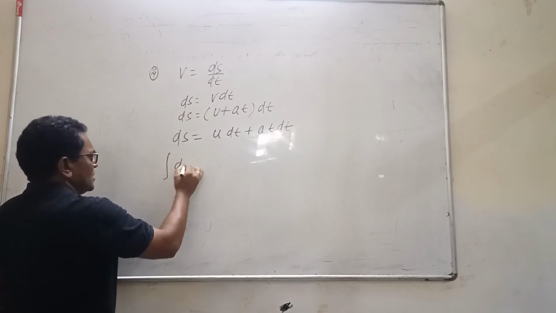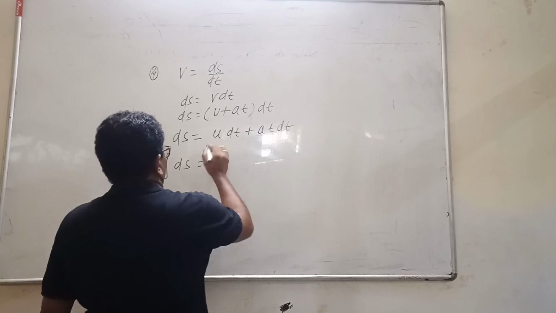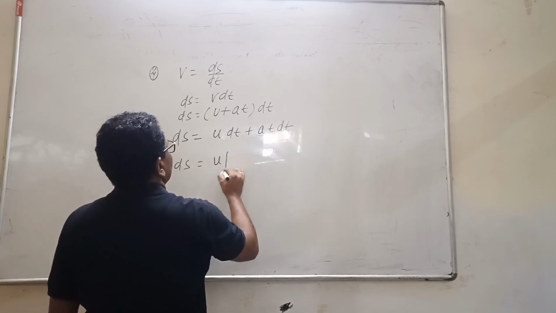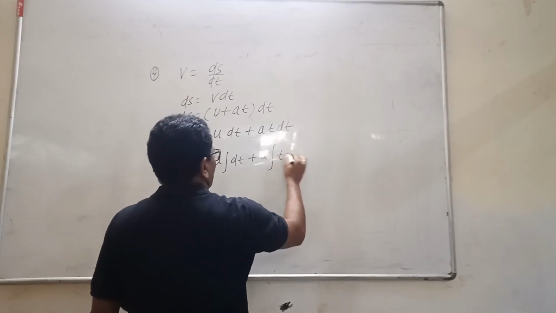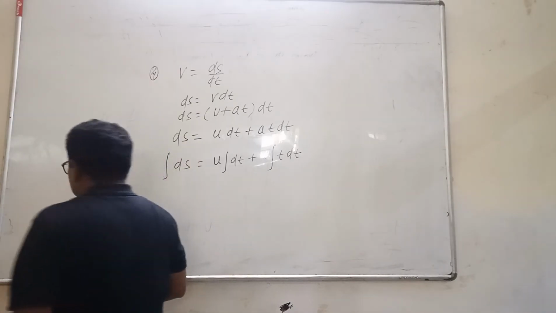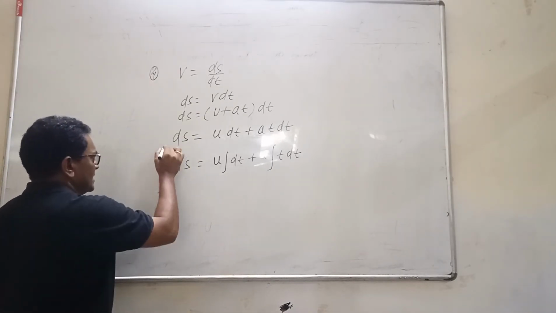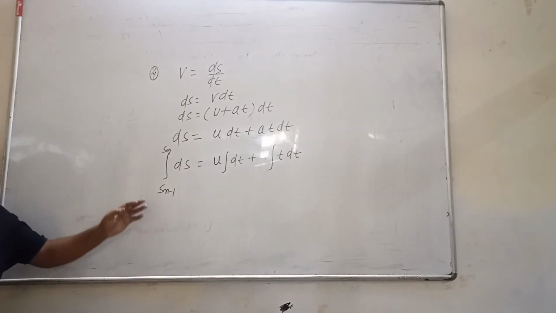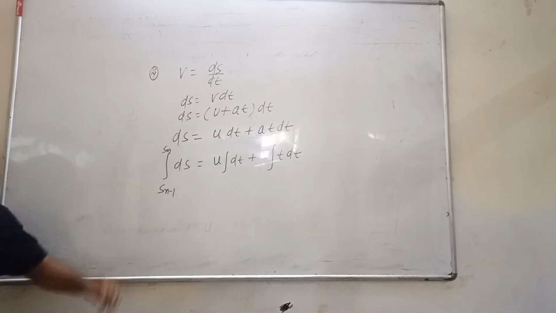So the integration of ds equals u integration dt plus a integration of t dt. For distance ds, the lower limit is Sn minus 1 and the upper limit is Sn. This is the formula for distance covered in nth second.